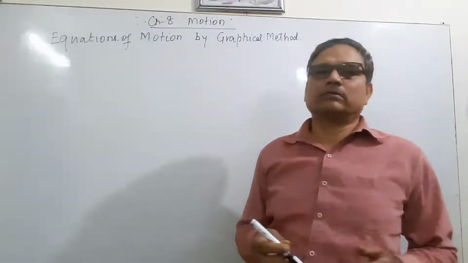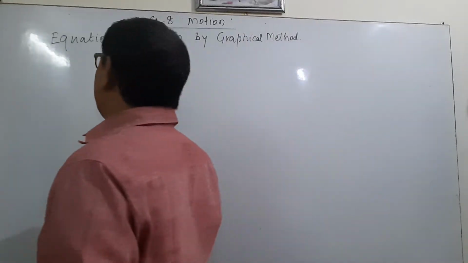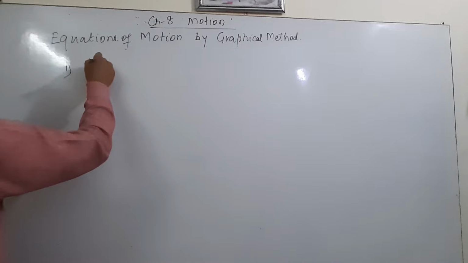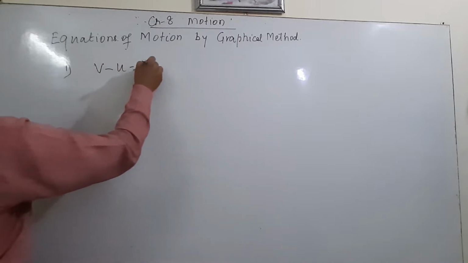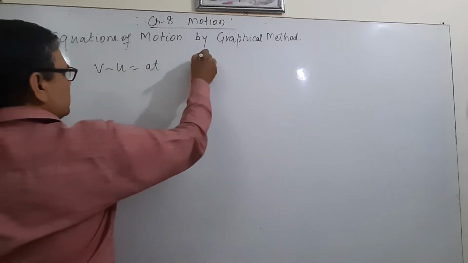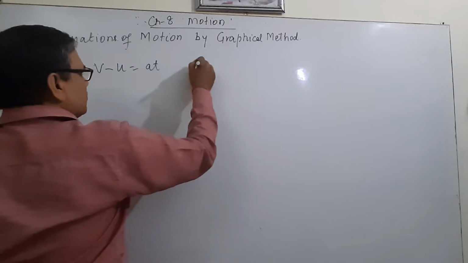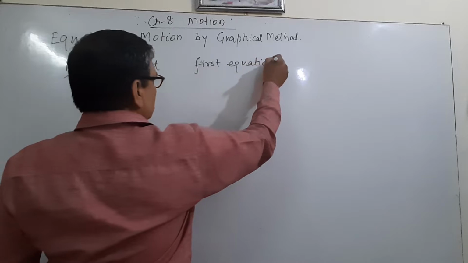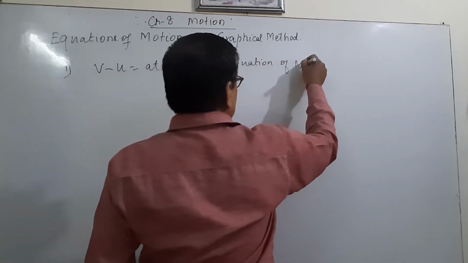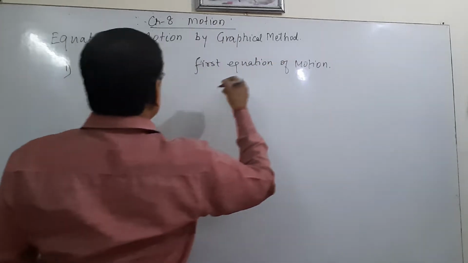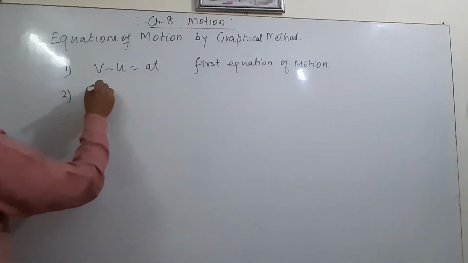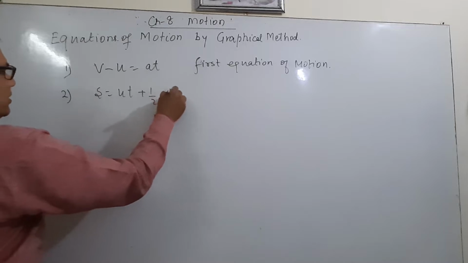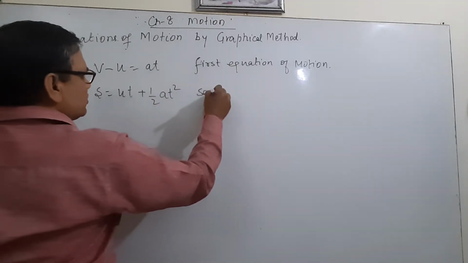And what are the different types of equations of motion? First equation of motion: v minus u is equal to at. This is the first equation of motion. Second: s is equal to ut plus half at square.